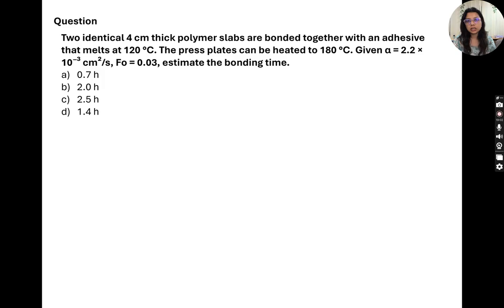They are estimating the bonding time required for this.